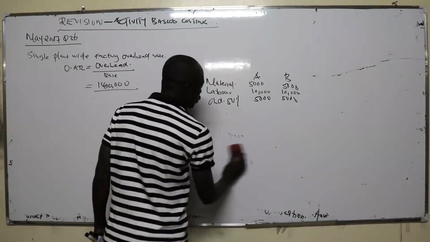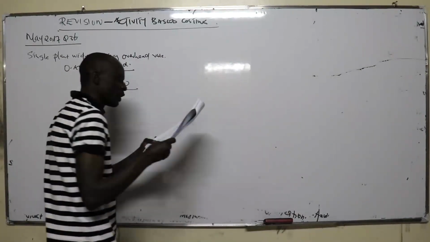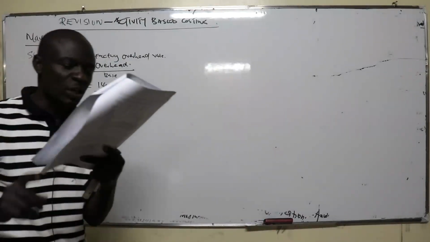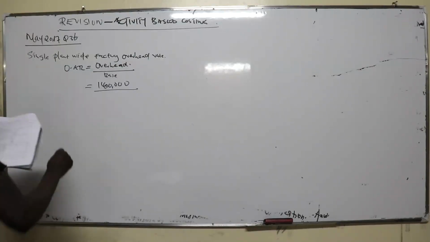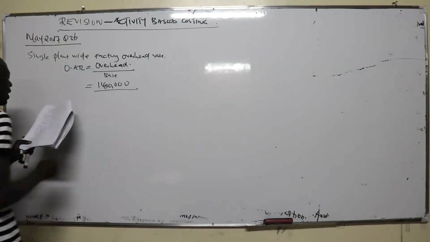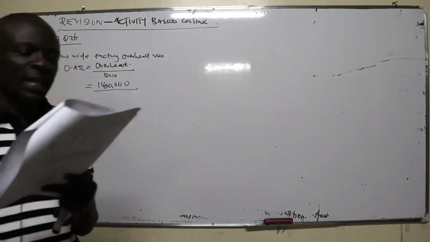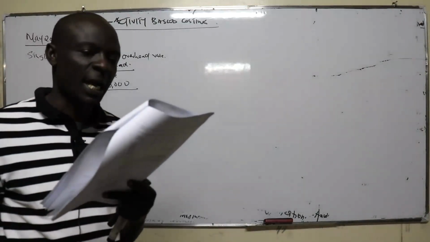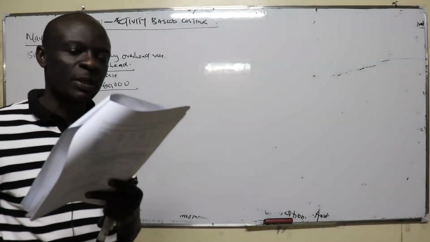In our question here, they wanted us to determine the single plant-wide factory overhead rate method. The total overhead in our question is 1,400,000, and we have been told they are using labor hours to absorb overheads, to allocate factory overheads to products based on direct labor hours.